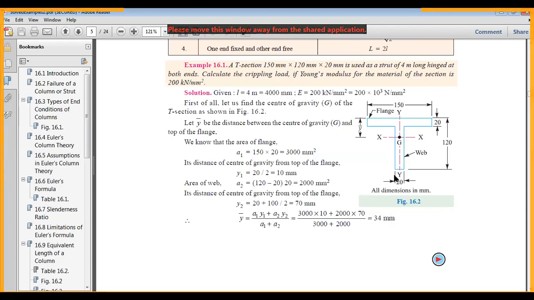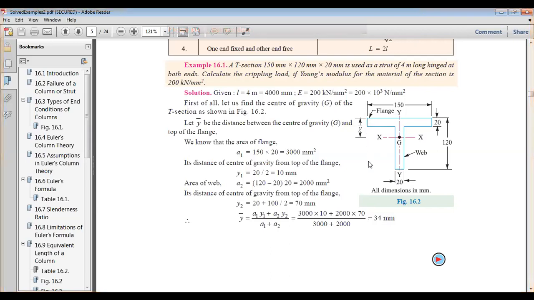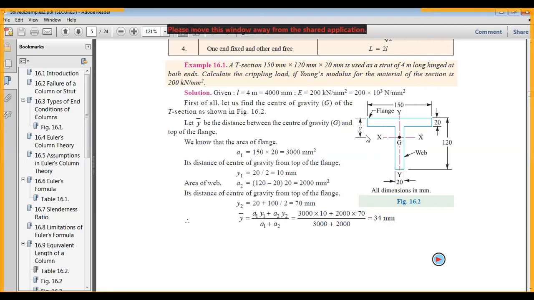That means from the top it will have 34, and from here to here this is y bar. Whereas in case of x, since the figure is symmetrical about y, the center is 150 by 2, which is 75 from this end.